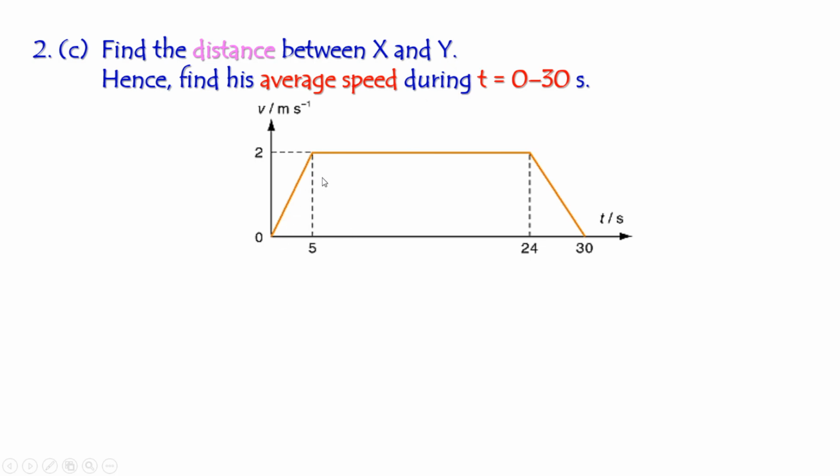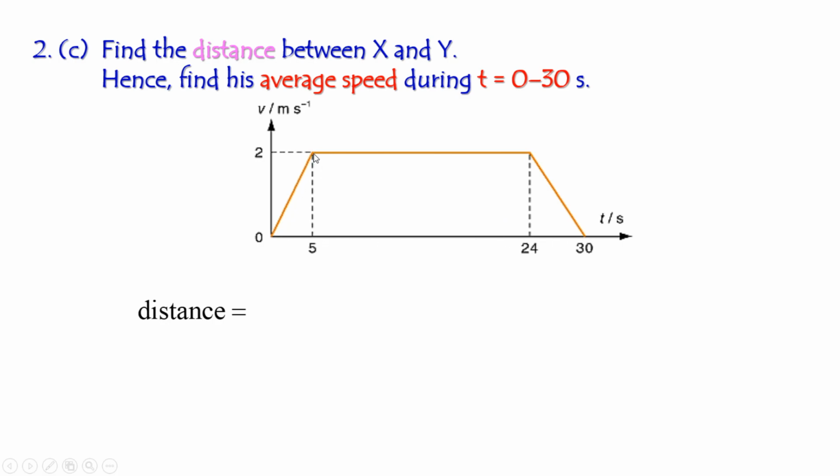And for the last part of the question, you have to find out the distance between x and y. That means the area of the speed time graph, because the area under the graph represents the distance traveled by the object. So you can divide it into 3 parts or simply do it as a whole because it is a trapezium.